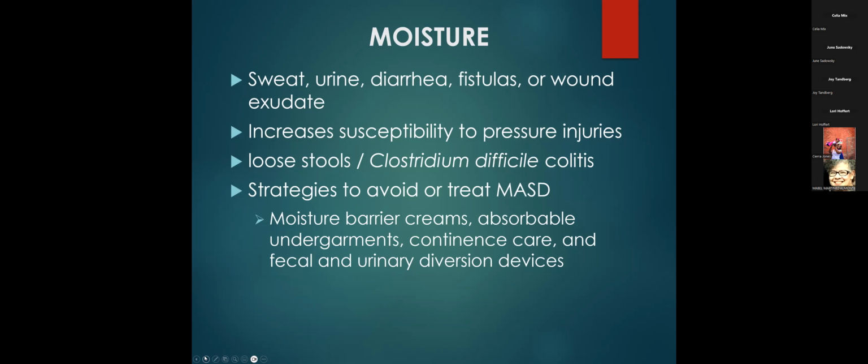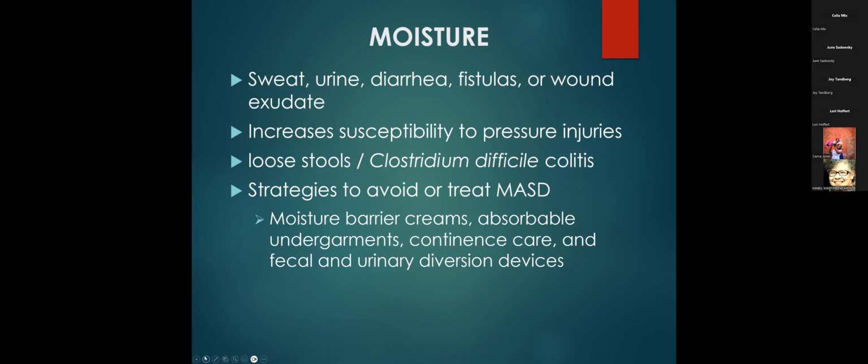So strategies to avoid moisture-associated ulcers is to use moisture barrier creams. These are usually oil-based or polymers. I mentioned absorbable undergarments, such as adult Depends.